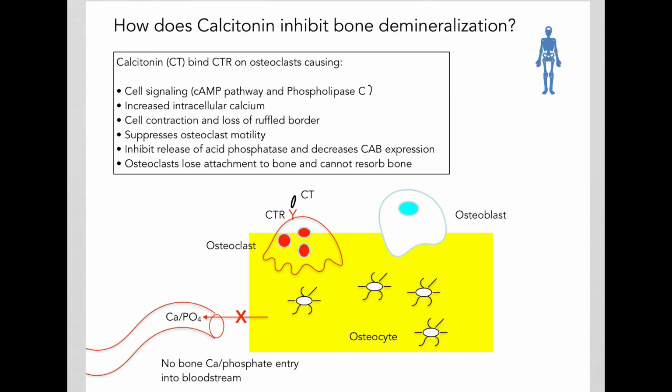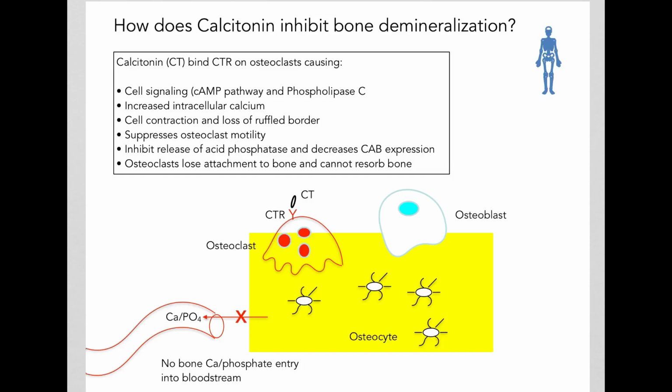Let's see how calcitonin inhibits bone demineralization. So calcitonin will bind to the calcitonin receptor, CTR. And CTR is present in several cells, including osteoclasts. So in the bone, calcitonin will bind to receptors on the osteoclasts.